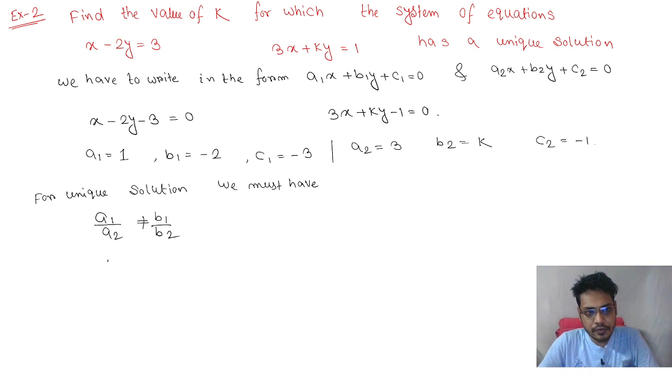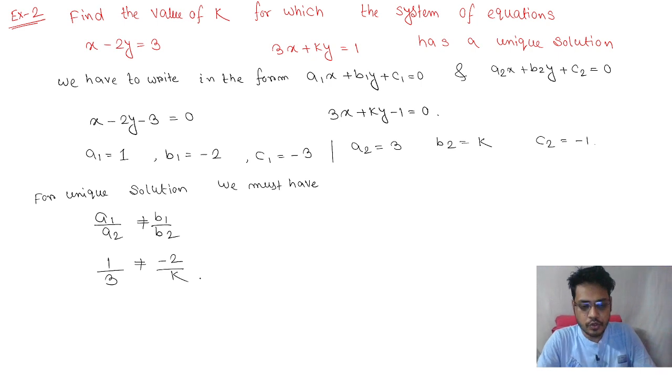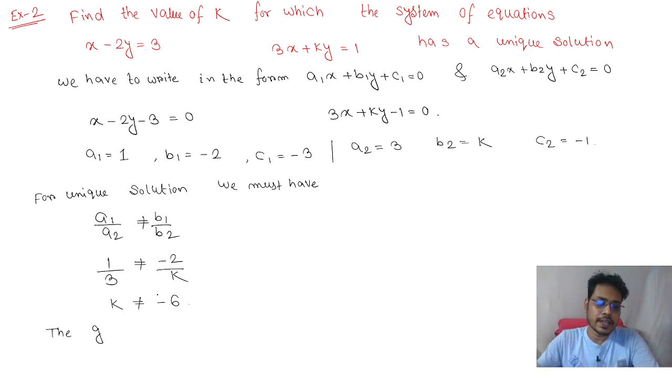Now what is a1? 1, a2 is 3, not equal to minus 2, b2 is k. So it is not equal. So that means here we can say that k is not equal to minus 6. That means the given system of equations, if k is not equal to minus 6, then it has a unique solution.